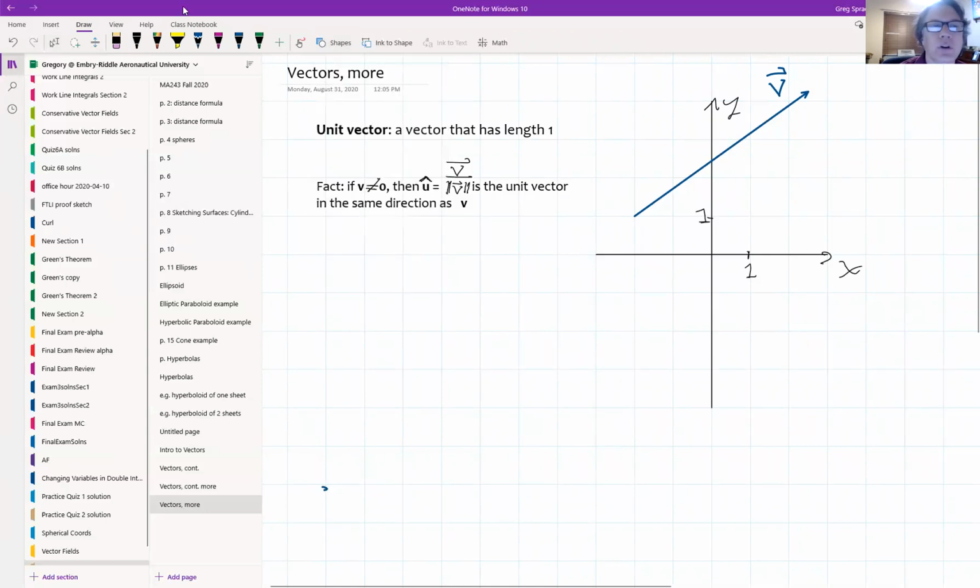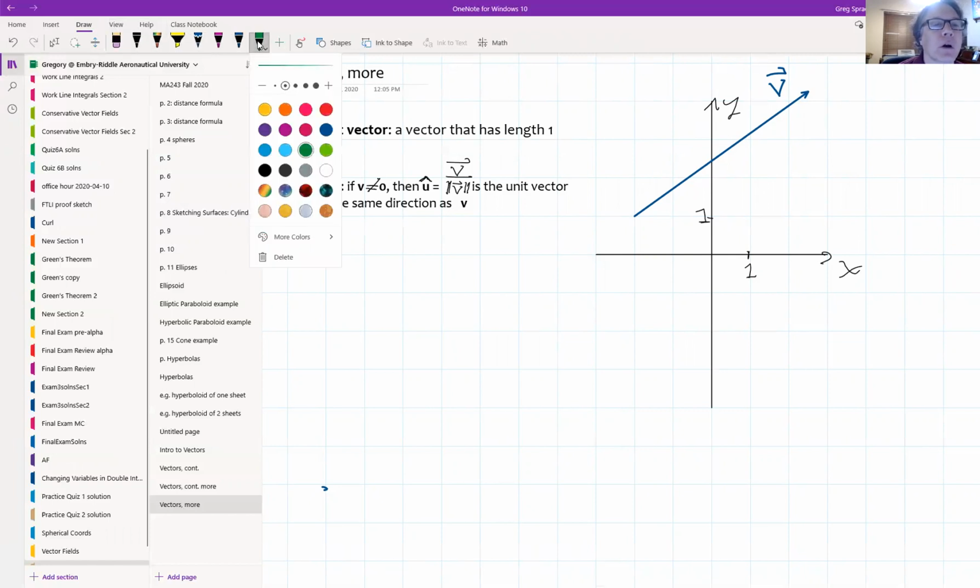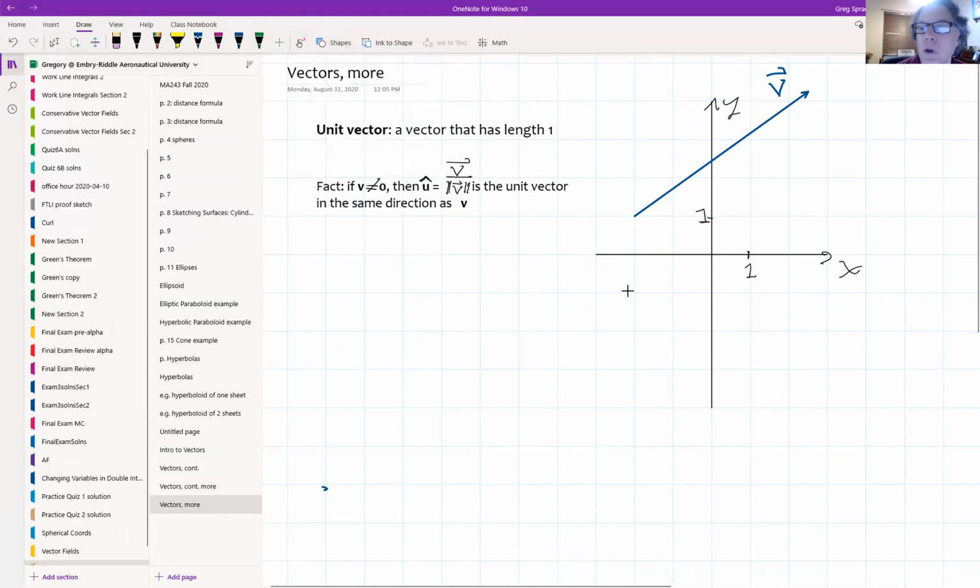So let me sketch what the vector U might look like. It'll go in the same direction as V, but have length 1. Now, when you draw a vector, you can draw it starting anywhere you want. The origin is as good a place as any.